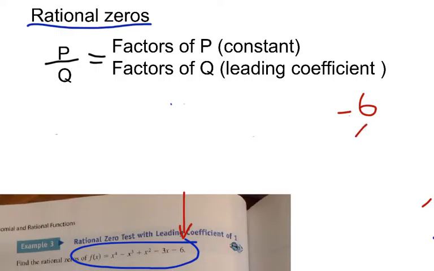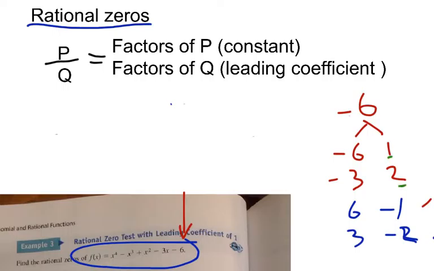Factors mean two numbers that you multiply to get -6. In my case, I can have -6 times 1, -3 times 2, or I can flip those signs: 6 times -1, or 3 times -2. So the factors are 1, 2, 3, and 6.